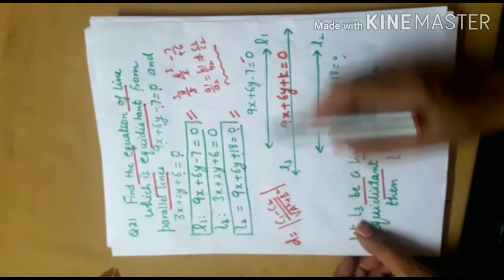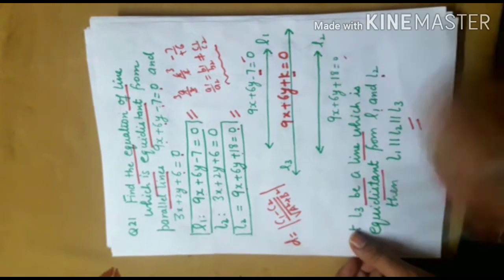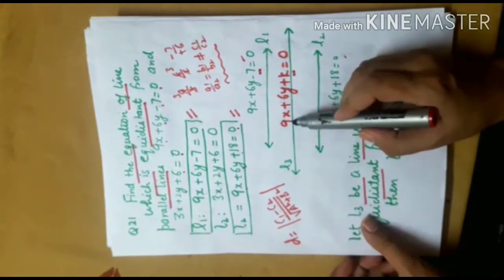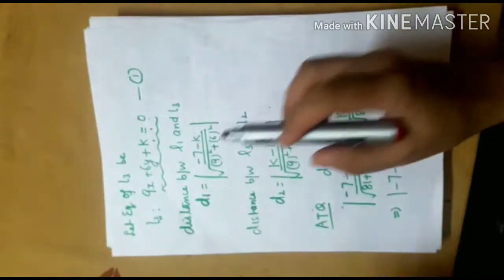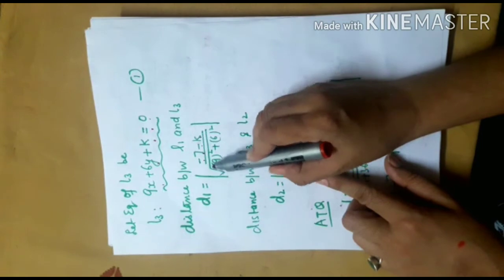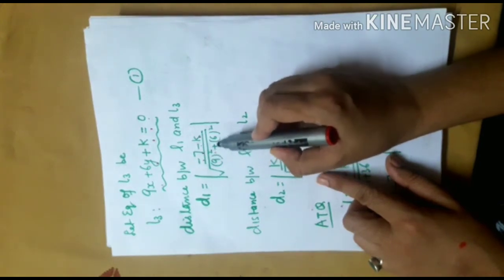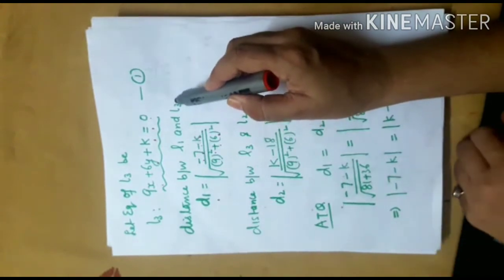So here c1 is -7 and c2 is k. And what is a? a is 9 and b is 6. So I'll get |-7 - k| over the square root of 9² + 6². This is the distance between L1 and L3.